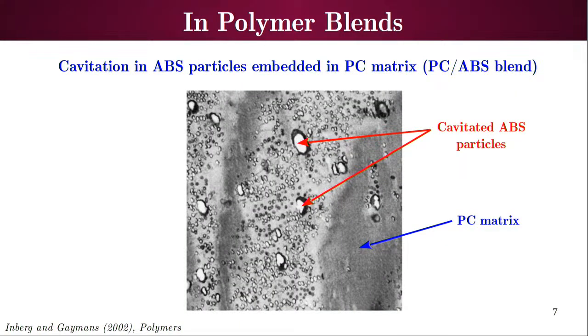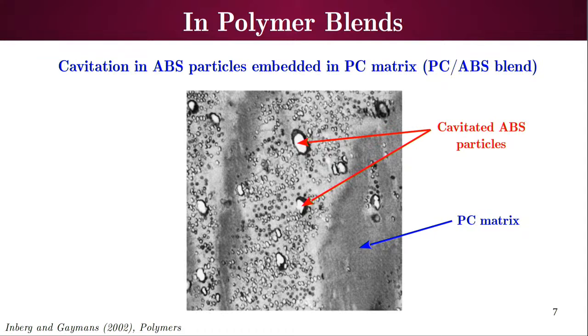Another place where void growth becomes important is polymer blends. This is an example of a PC-ABS blend, which is an immiscible blend. Polycarbonate is one of the polymers, ABS is another polymer which does not mix with it, and it remains there as a particle. Now what happens when these polymer blends are loaded?